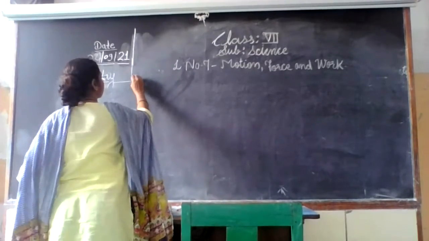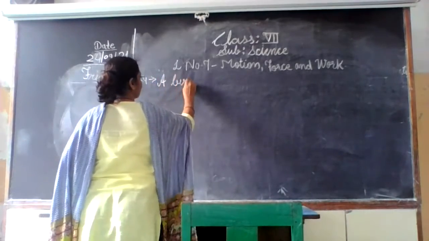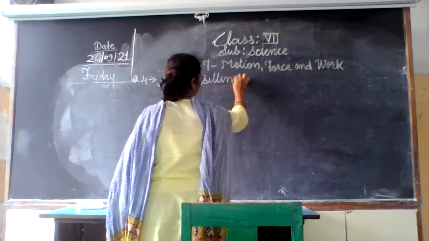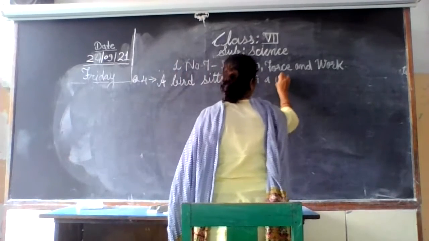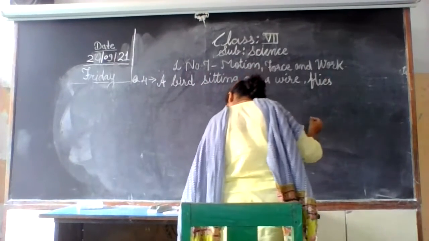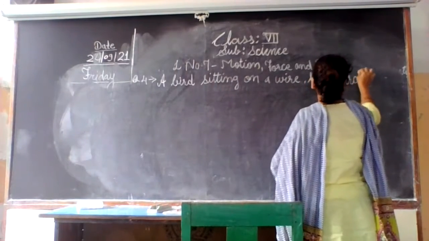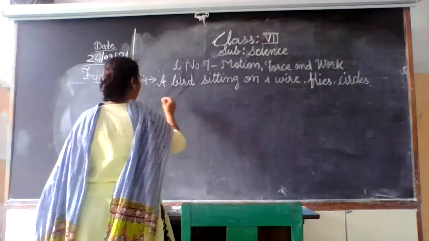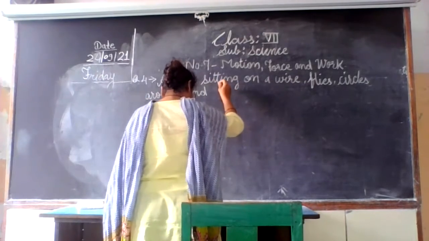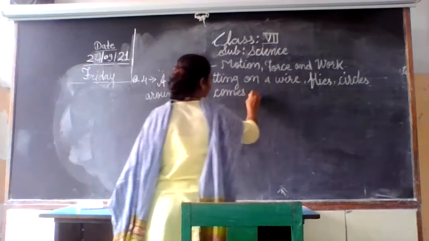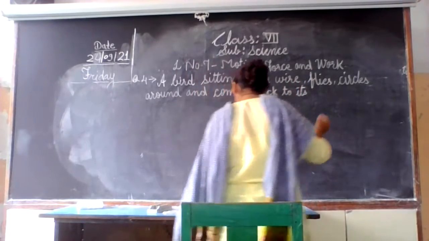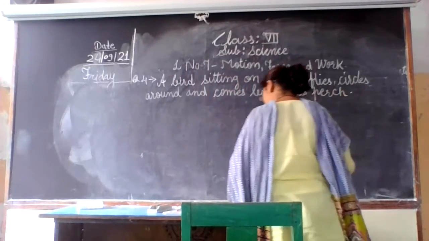A bird sitting on a wire flies, circles around and comes back to its perch.